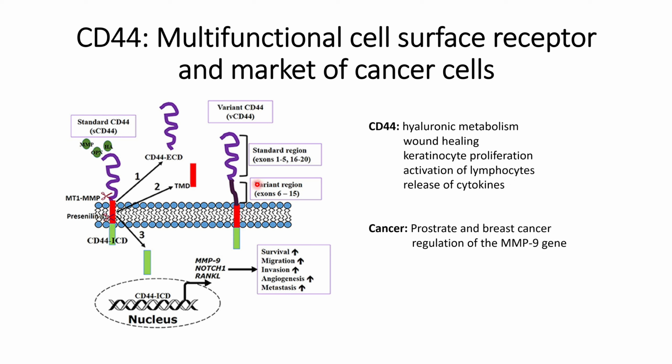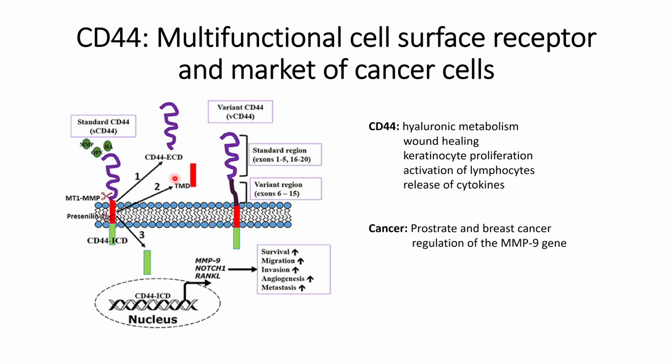And this variant will help to determine whether the particular cell is a healthy or an infectious cell. And this purple color shown here represents the standard region of CD44.